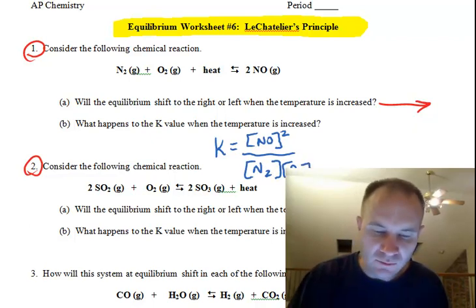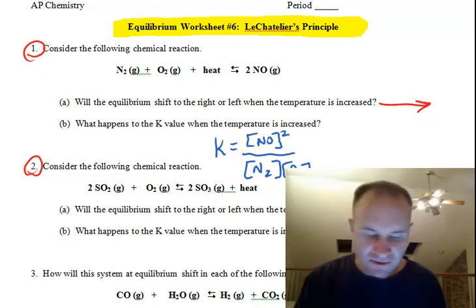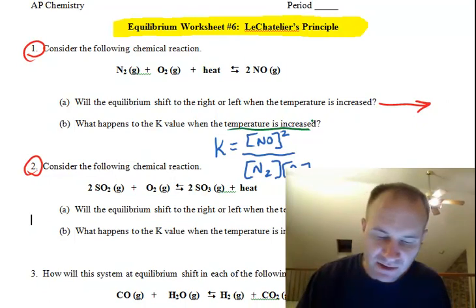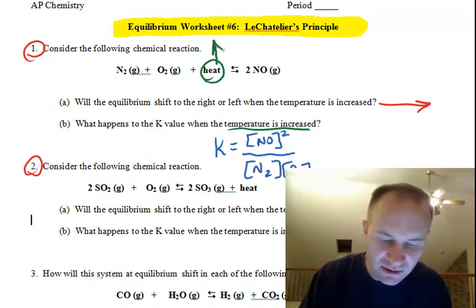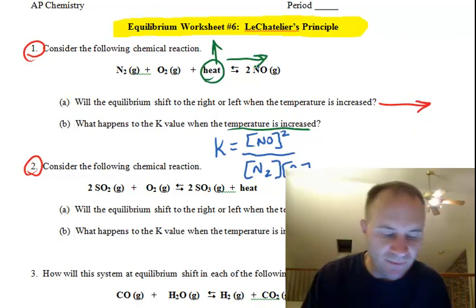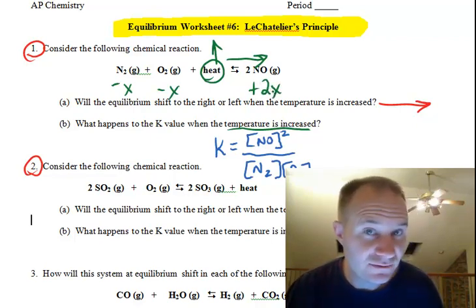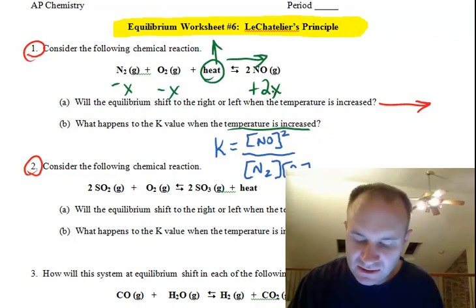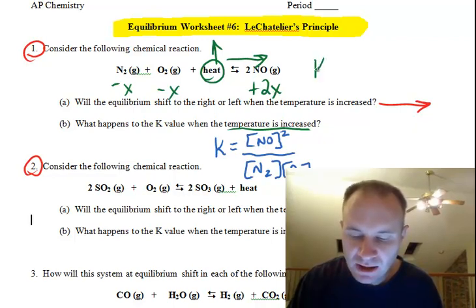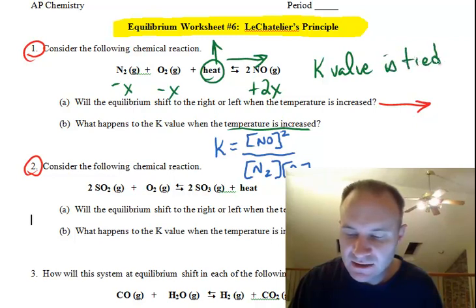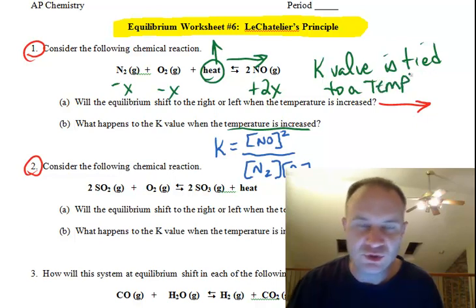And what we're talking about here is if the temperature is increased, what we talked about in part A, clearly that's going to go up, it'll shift to the right. And what we mean by that is that this is going to go down by x, up by 2x. So it's definitely shifting to the right. A big idea that you'll hear over and over and over would be that K, the K value, is tied to temperature.